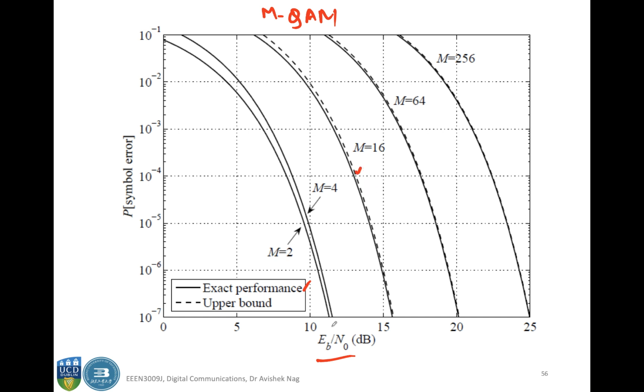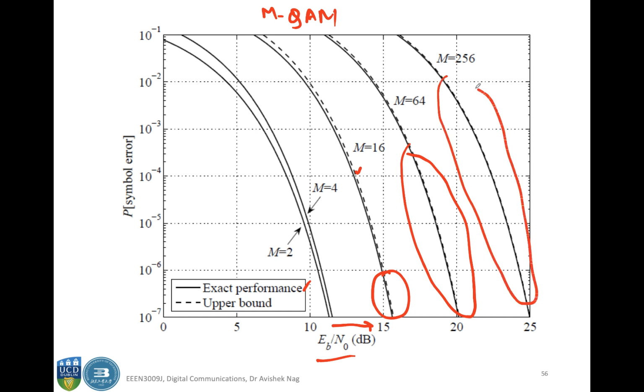And when your SNR is quite high, you see in this region for M equal to 16, in this region for M equal to 64, and then mostly in this region for M equal to 256, you can see that as your SNR is high and also your M is high, the exact and the upper bound almost match.